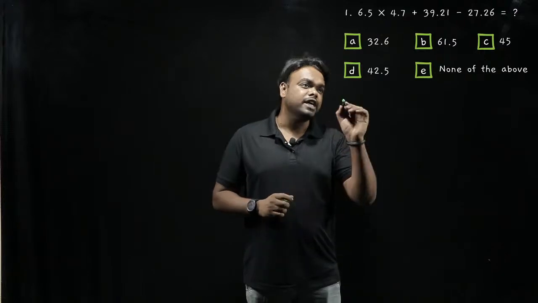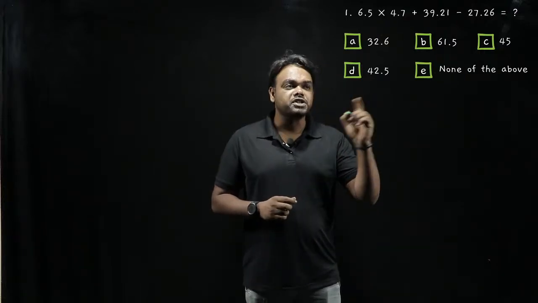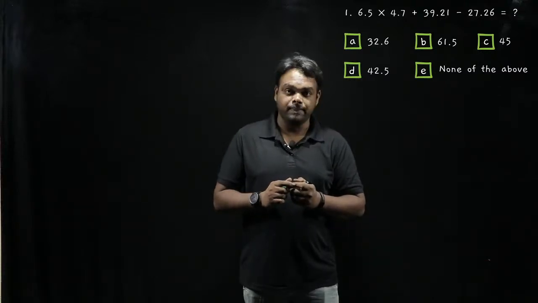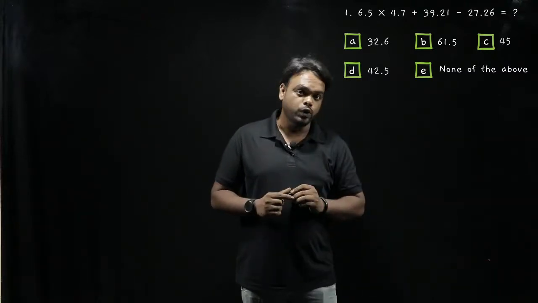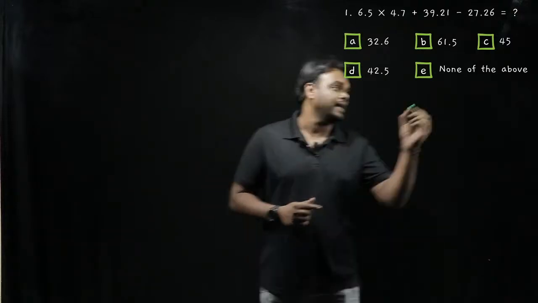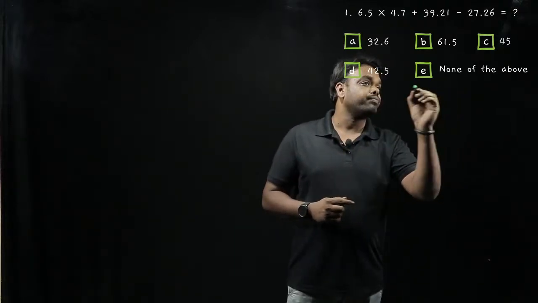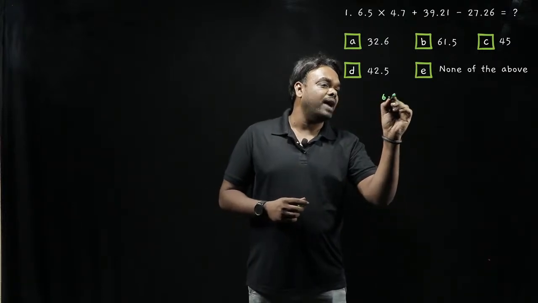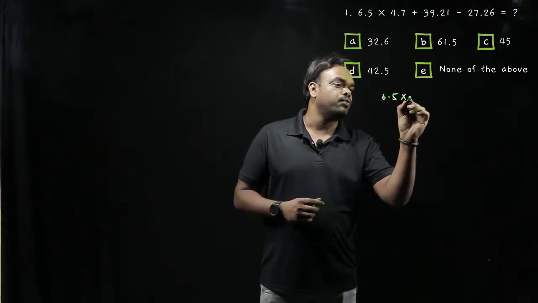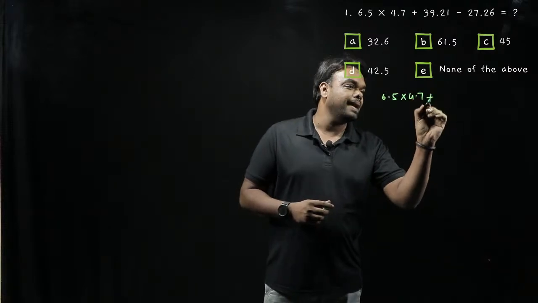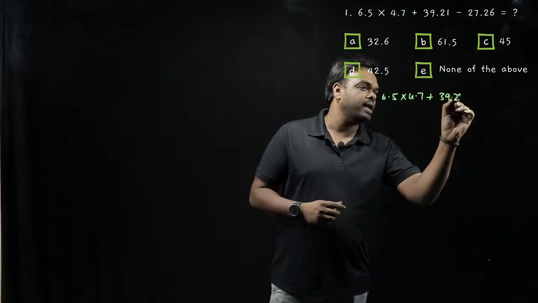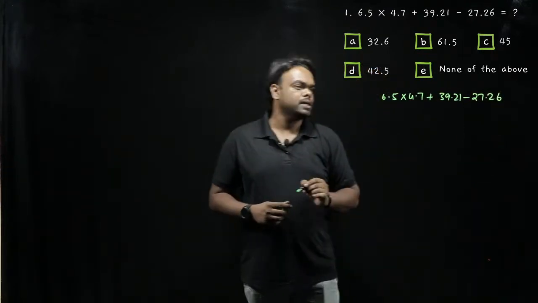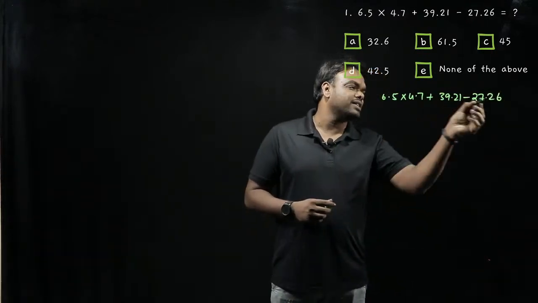We just need to check. In one question the option ends with 2.5 and the other option with 1.5, so we just need to get the last two digits, right? How do we solve this? Let us see. 6.5 into 4.7 plus 39.21 minus 27.26. Suppose we deal with these two first.